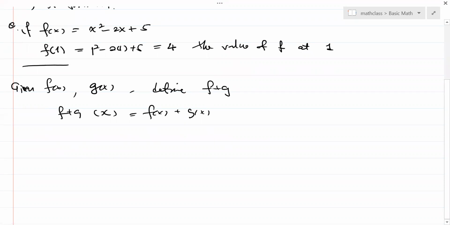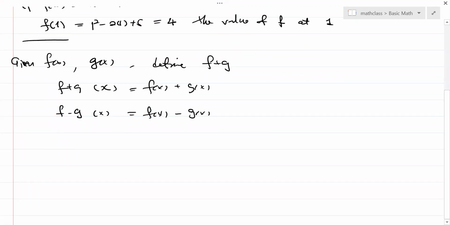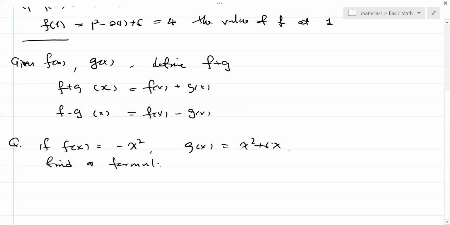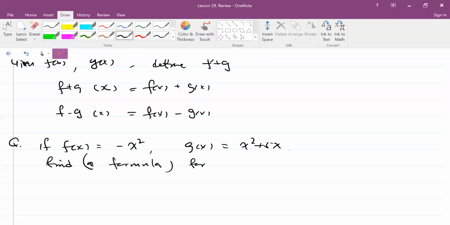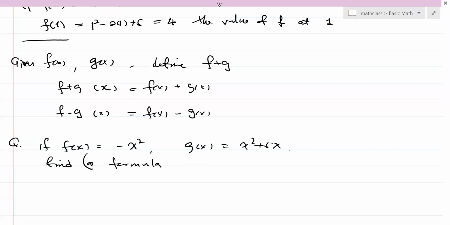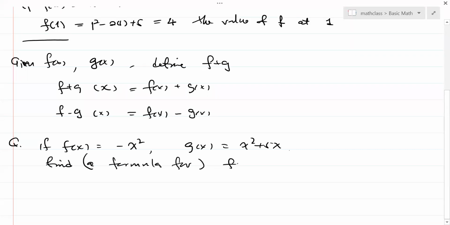You can do the same thing with f minus g, and this is a brand new function given by this formula. For example, if f of x is negative x squared and g of x equals x squared plus 5x, find the formula for the function f plus g.